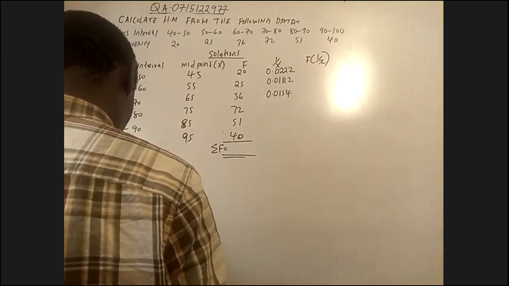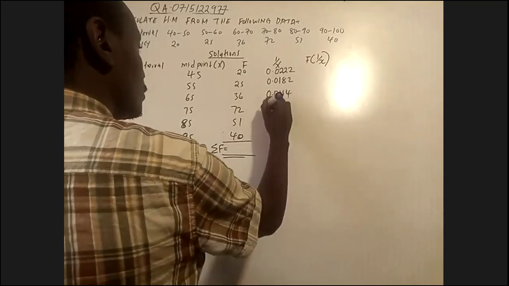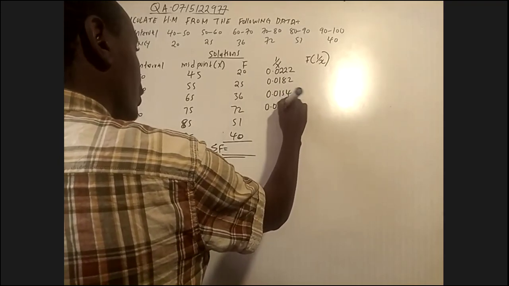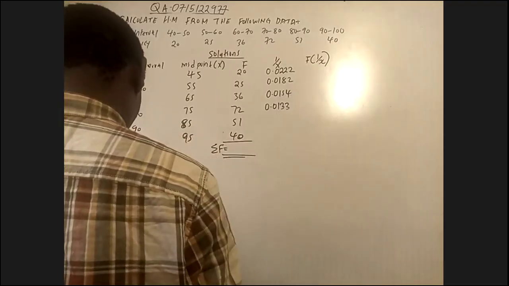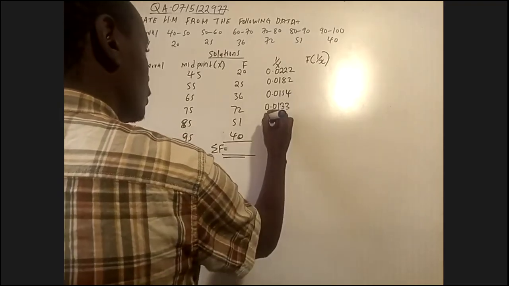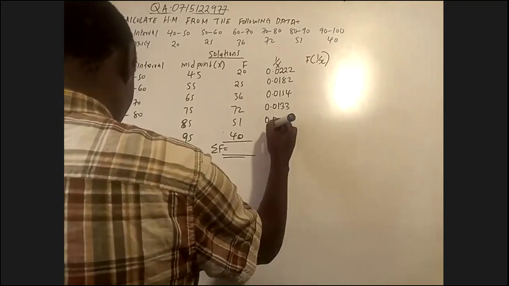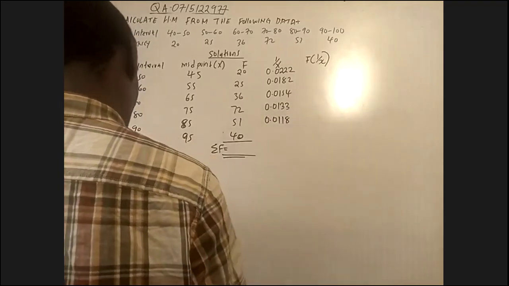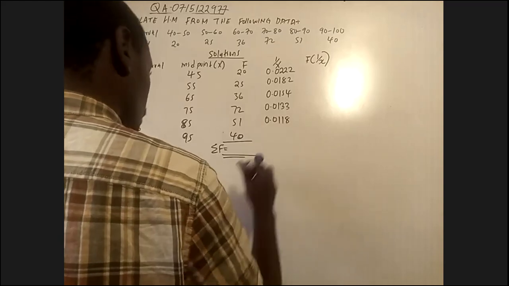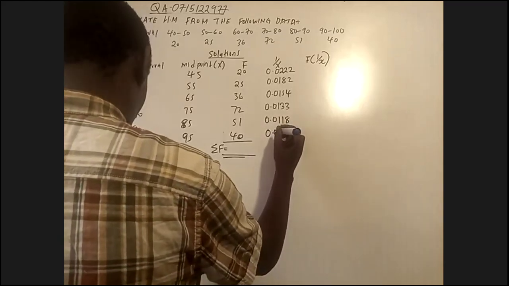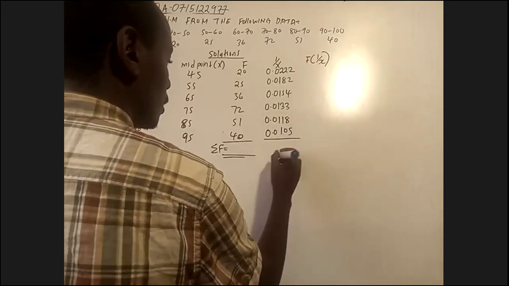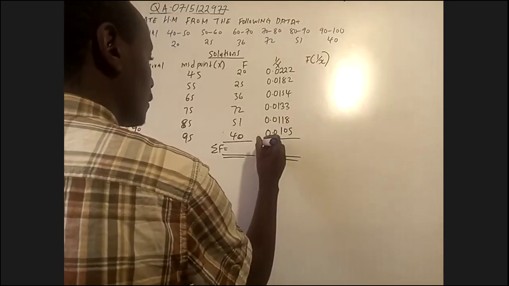Divided by 75 is 0.0133. Divided by 85 is 0.0118. Then 0.0105. Now, what is the total frequency?